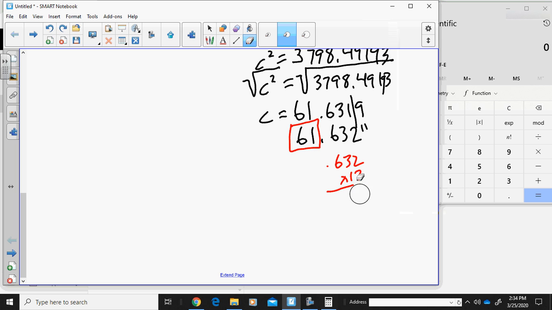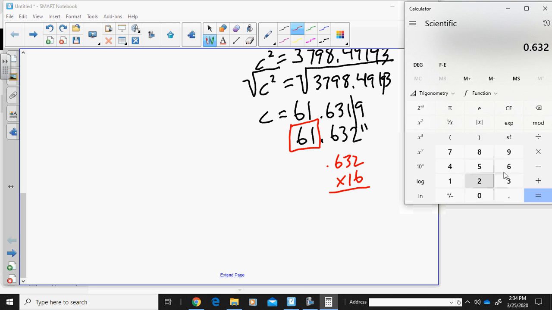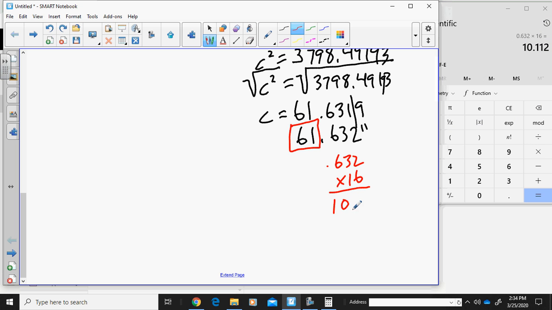We need this to the nearest 16th of an inch. So let's multiply by 16. 0.632 times 16 equals 10.112.